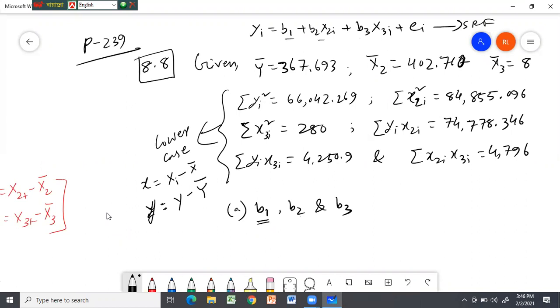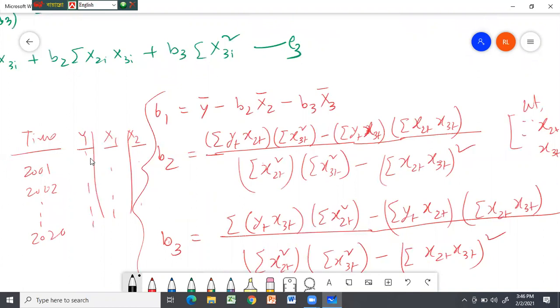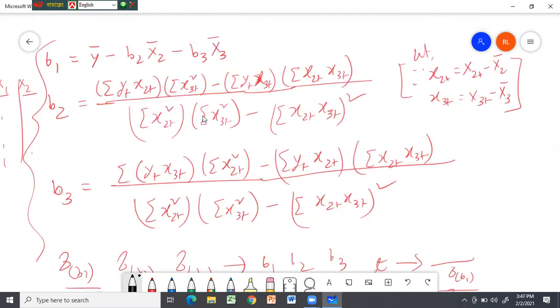And from this SRF, you have been asked to estimate the value of B1, B2, and B3 considering this information. Okay. So you know that B1 is equal to y bar minus B2 x2 bar minus B3 x3 bar.